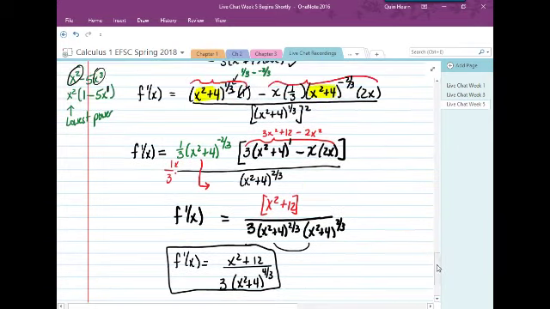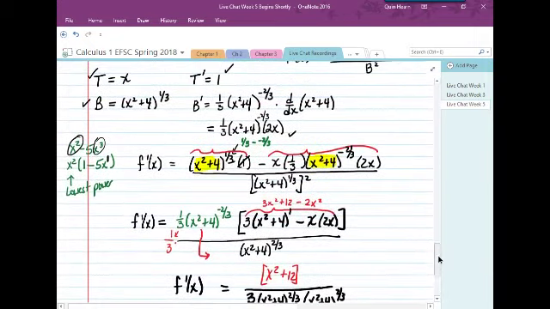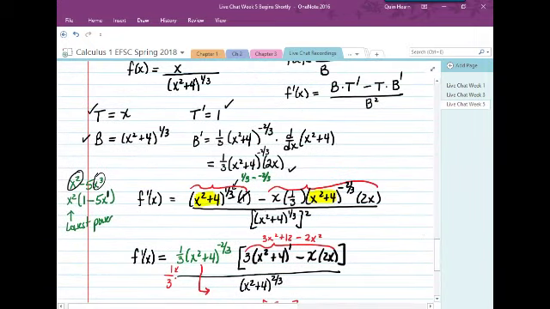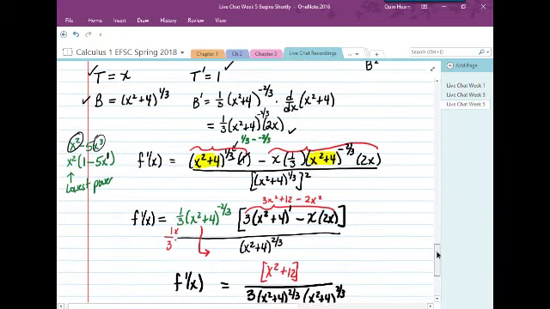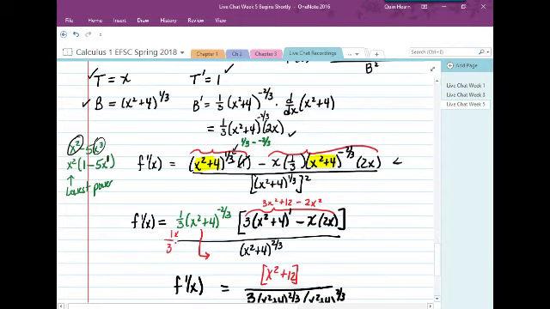So oftentimes when you use the quotient rule, and in the process you have the chain rule for a power function, it's very helpful at this step to factor out. Don't try to distribute or do anything like that. You're going to factor out whatever's in common.